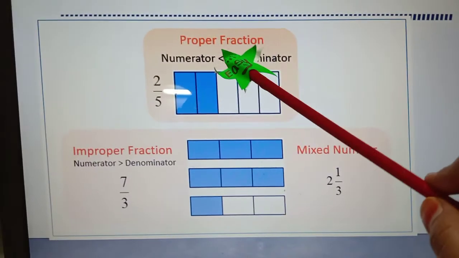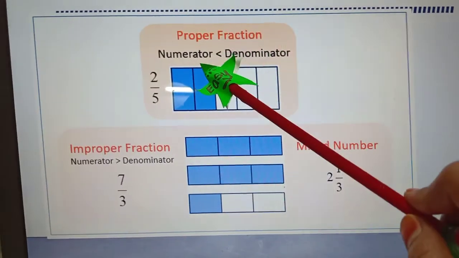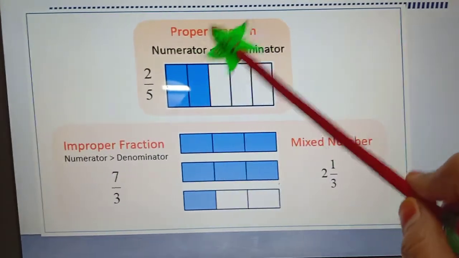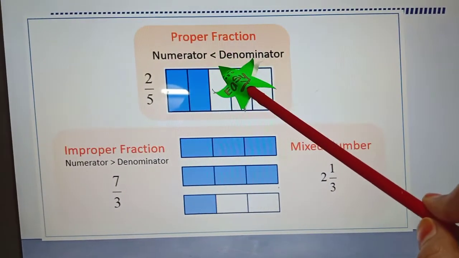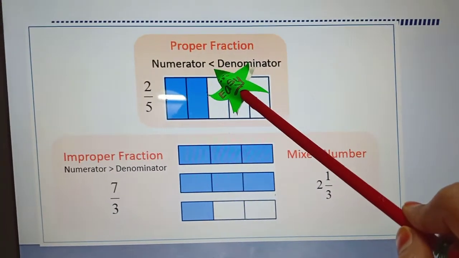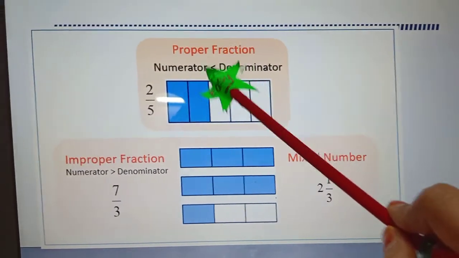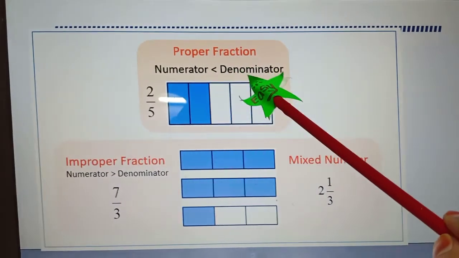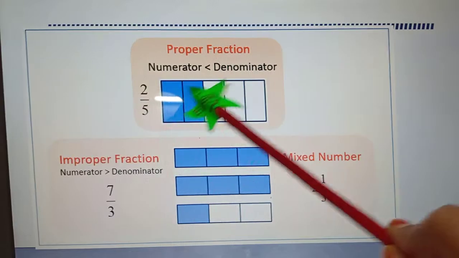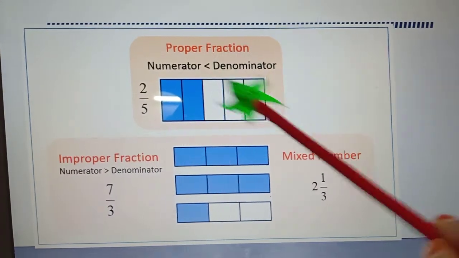Okay, proper fraction means the numerator, the up number, is smaller. This symbol represents smaller. Smaller than the denominator. Okay, we see the diagram. 1, 2, 3, 4, 5.